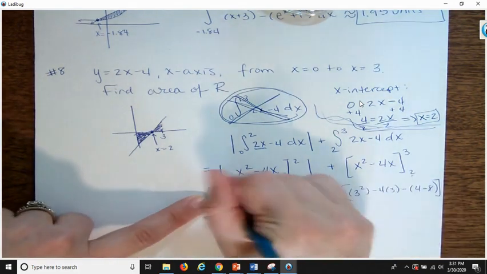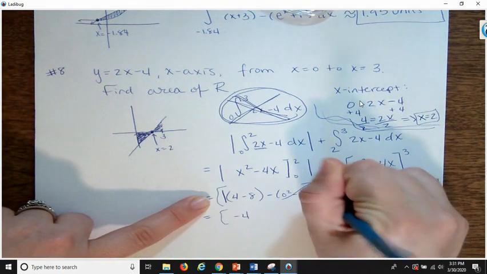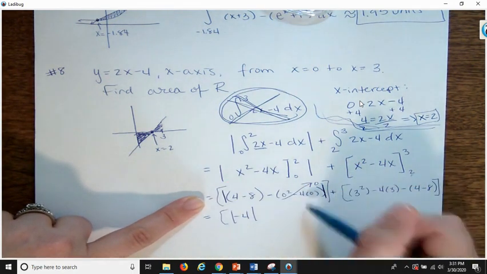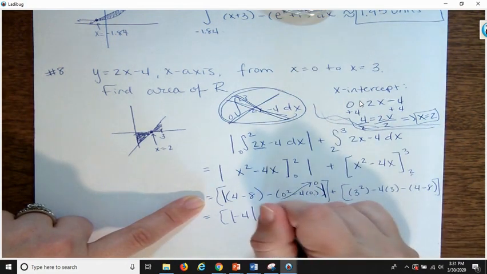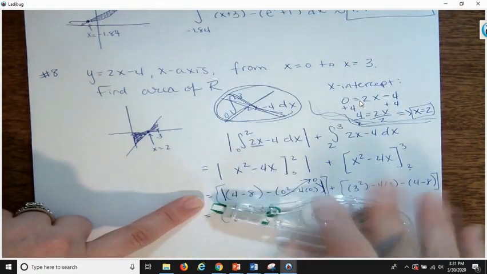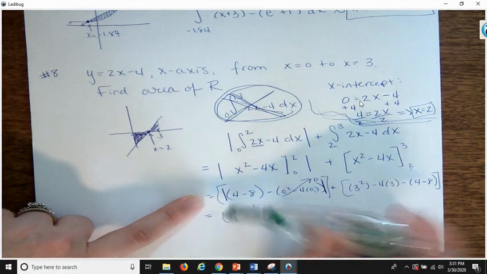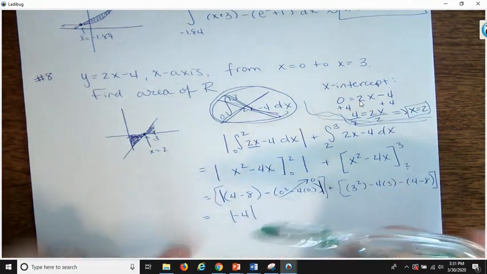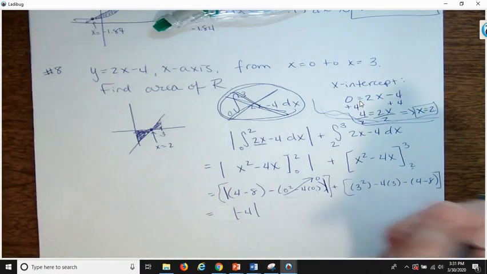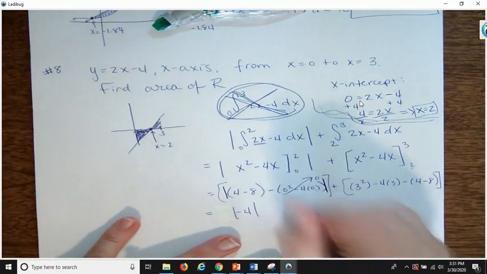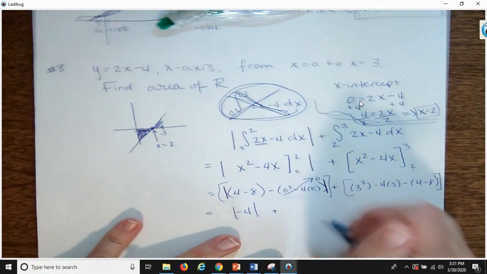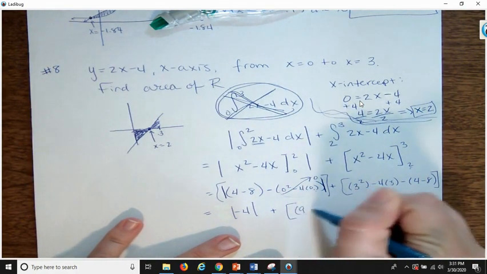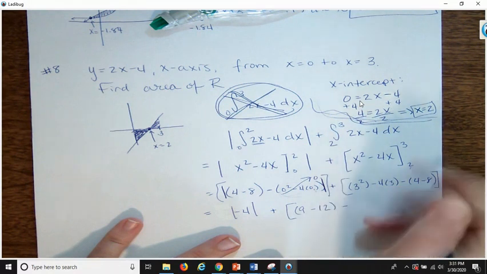Oh, and I forgot, I still have my absolute value around everything here. So I have the absolute value of -4 because we're subtracting 0 from it. So I have the absolute value of -4 plus, over here we're going to have 9 minus 12 minus -4.